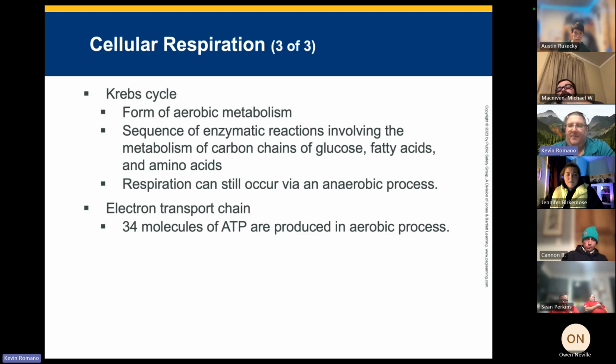When oxygen is absent, respirations can still occur via an anaerobic process. Okay. This stuff will all make sense to you when we start getting more in depth into the lactic acid stuff. But lactic acidosis can develop with shock, due to our muscles breaking down. We start seeing the elevated lactic acid. Now, I mentioned lactic acid.